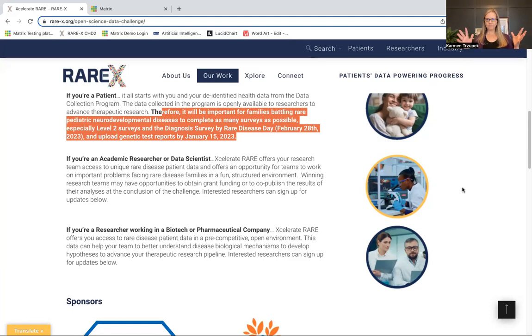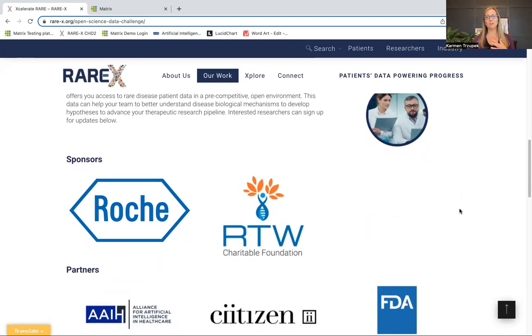And then this is extremely exciting. When you look down here on our sponsors, we have a couple of very generous sponsors. This one right here, the RTW Charitable Foundation. They are a rare disease funding organization that is really dedicated to advancing therapeutic progress for rare diseases. They have generously agreed to fund up to 3 research studies coming out of this initiative.